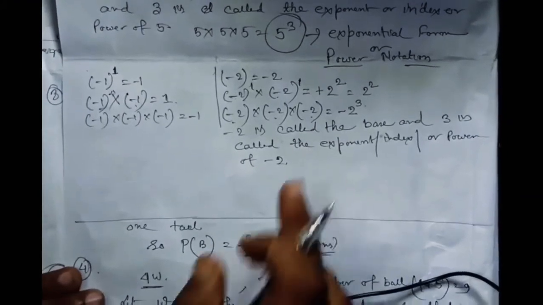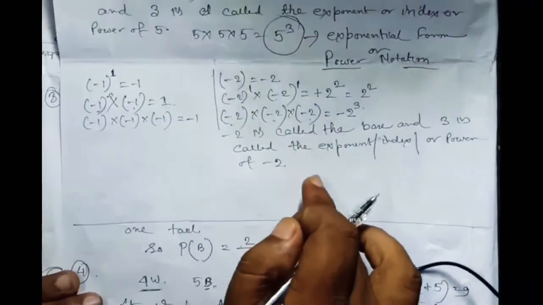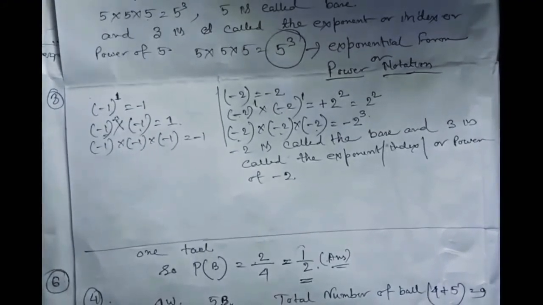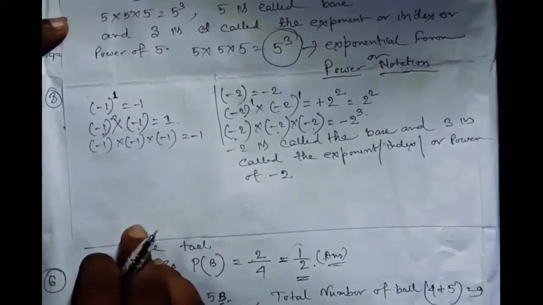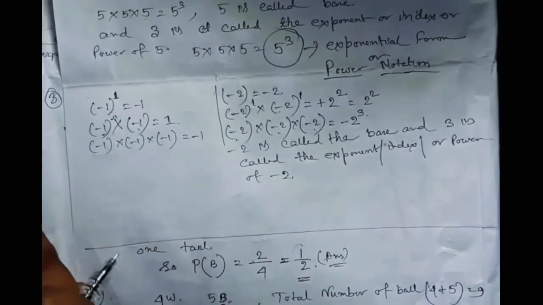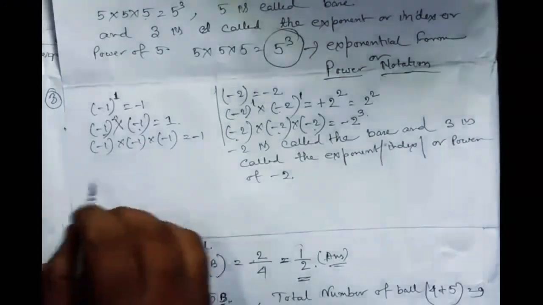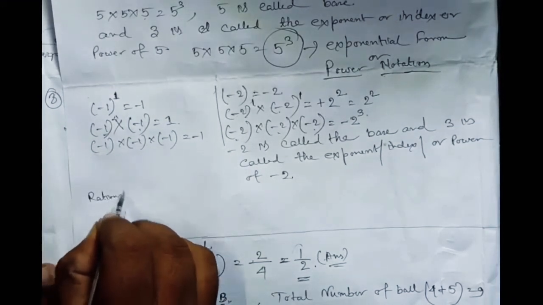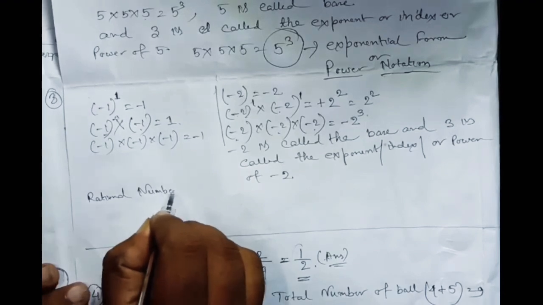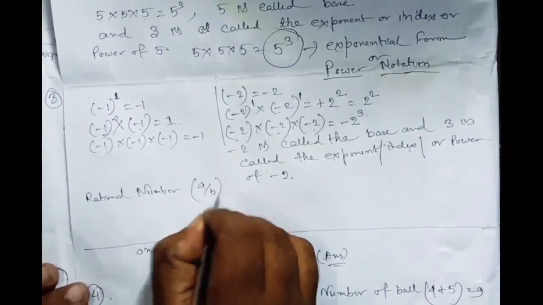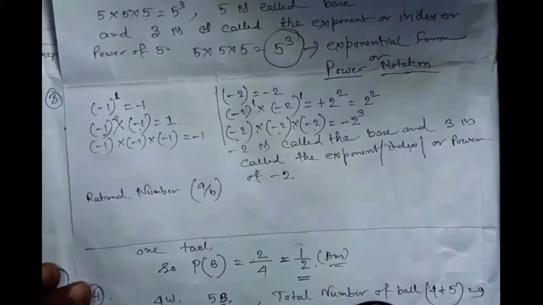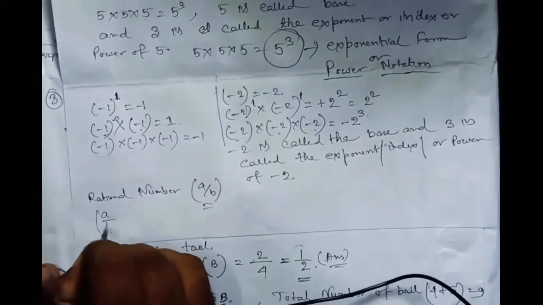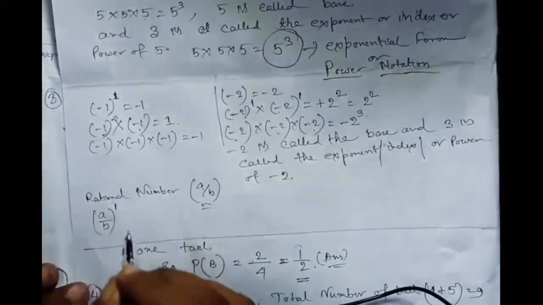Next, this I have told for the natural numbers and the integers. Next we will discuss the rational number. Suppose we are taking a rational number a by b. In a by b there should be 1 present.